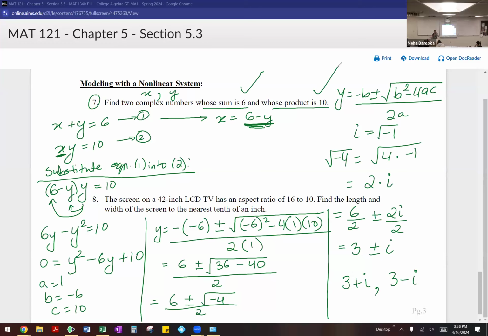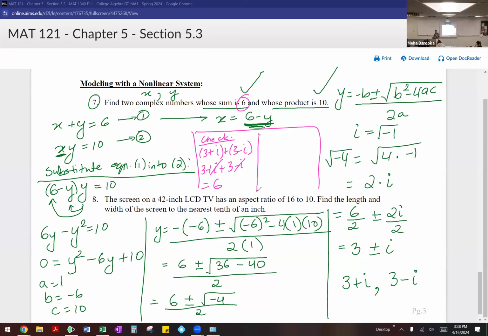If you wanted to check that, let's do a quick check. When I add 3 plus i with 3 minus i, that will be 3 plus i plus 3 minus i. The positive i and negative i cancel each other out. 3 plus 3 is 6, so the sum is 6.